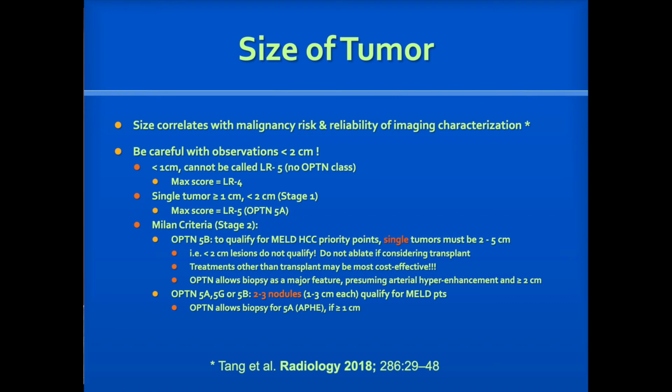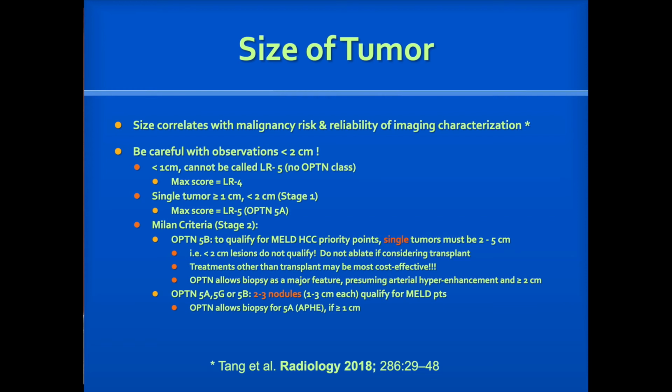If you have a tumor that's at least 1 centimeter in diameter but less than 2 centimeters, the maximum LI-RADS score is 5, which would be an OPTN 5A. But again, as a single lesion, that doesn't qualify for exception points.